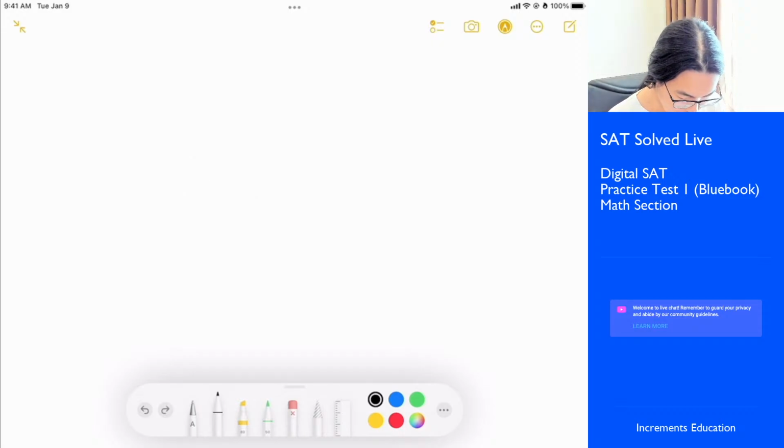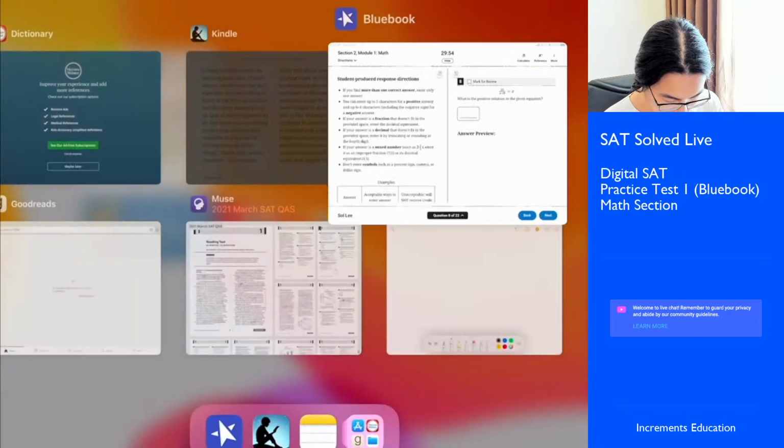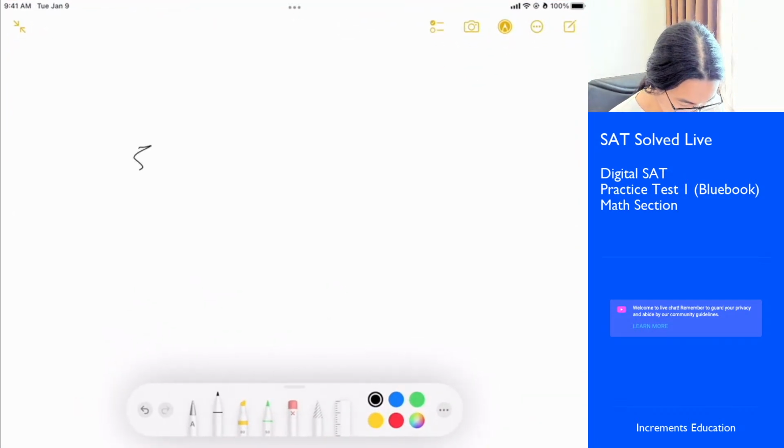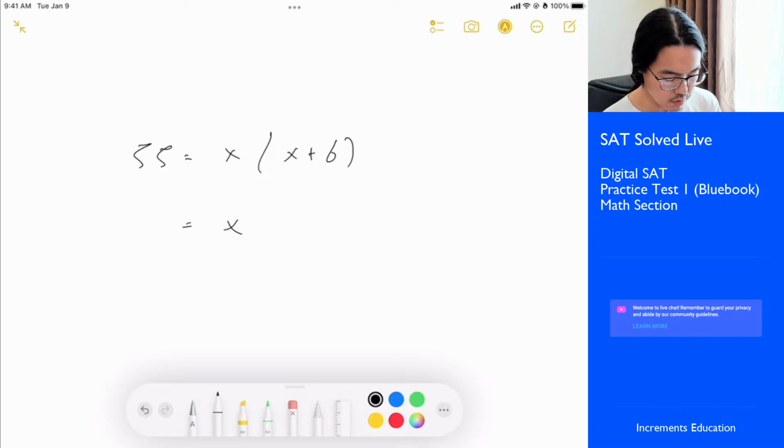So we have 55 is equal to x plus 6. So that's x. Oh, so I just need the positive. Hang on. 3 times 6 is 18, 3 times 9 is 27, 4 times 10 is 40, 5 times 11 is 55.